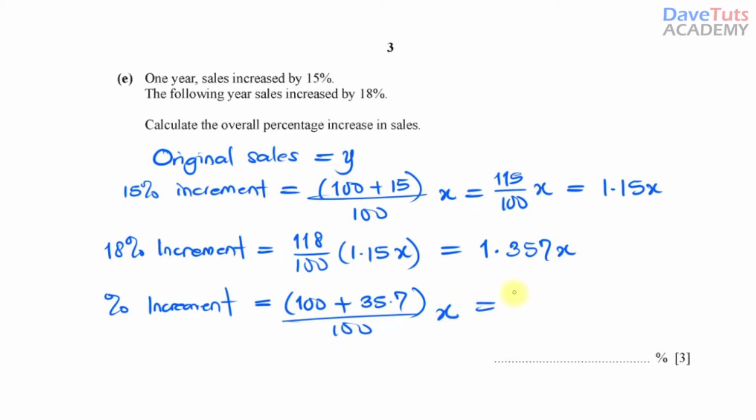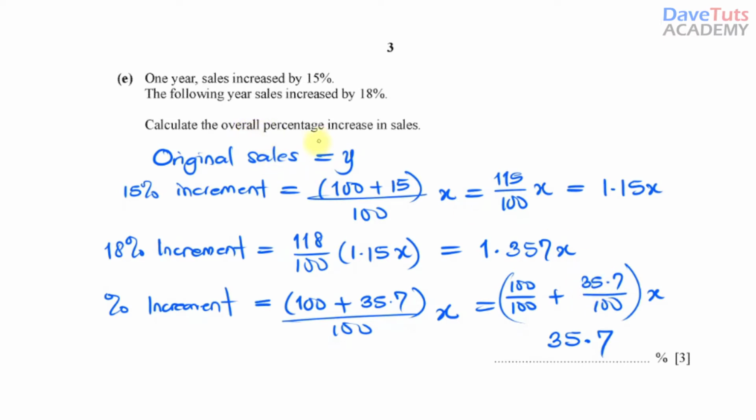So it's as if we are having 100 over 100, which is the unity, plus 35.7 over 100 of x. So with this, we know that this is the whole entity. So the additional is the 35.7 over 100 of x, so that the increase that we are looking for is nothing but 35.7% increase.